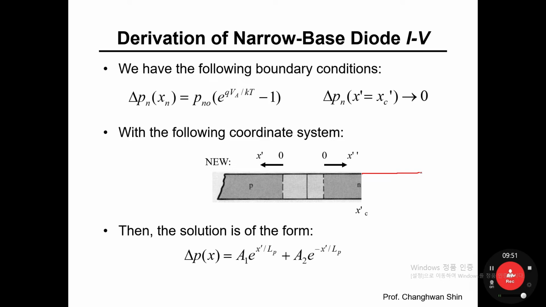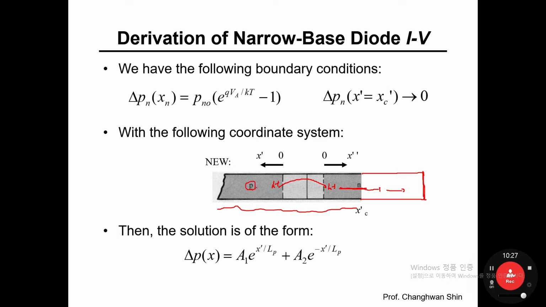Previously, when we were doing the ideal diode analysis, once a hole is injected into the n side, those holes diffuse toward the opposite edge of the n side, and no holes can arrive at this point. But now we're talking about the PNP system, and I have captured the left hand side image of the total PNP system.